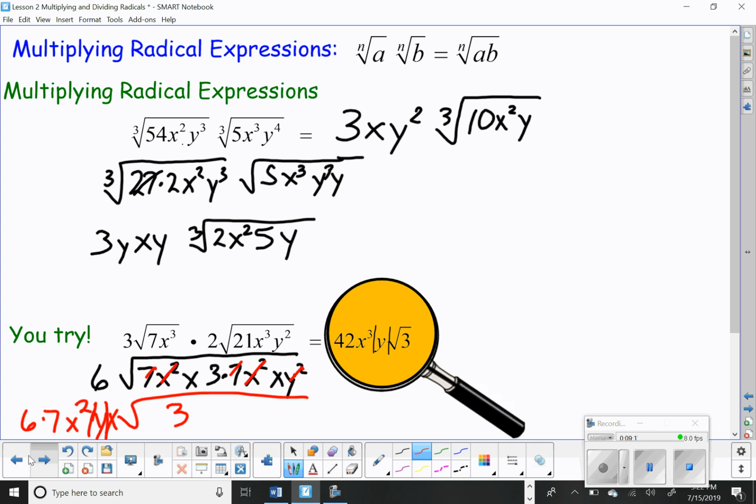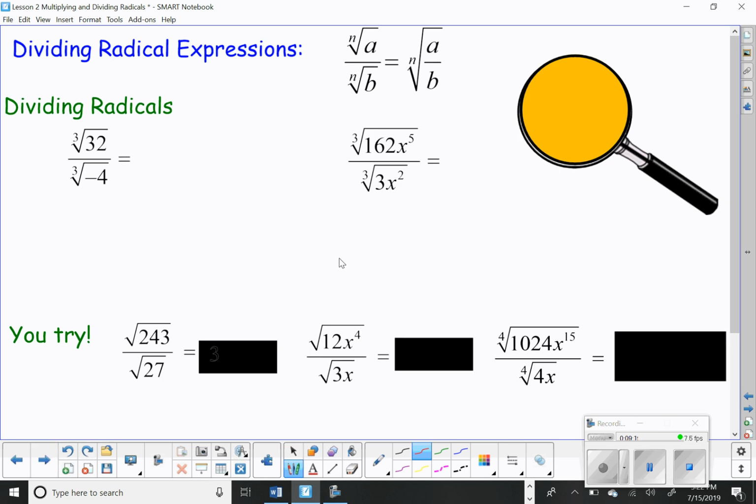Good job. Now, dividing radicals. Same basic idea. When you divide radicals, you can combine the radicals or separate the radicals, whichever works best. In this case over here, I can do the cube root of 32 divided by -4.